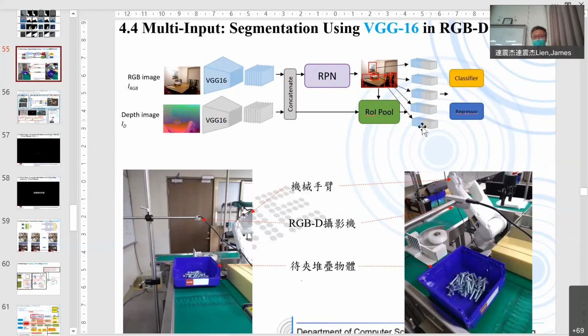The important thing is that up to here the channels are still separate, RGB and depth. We did not really mix them together. And in the final output we do the classification and the bounding box.